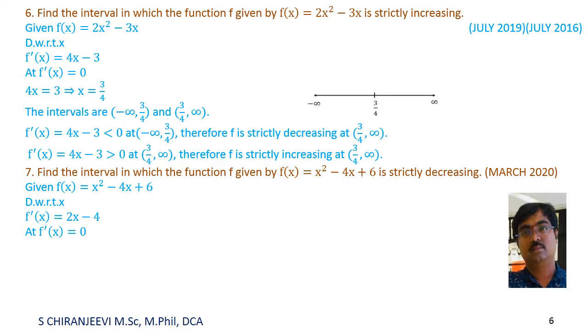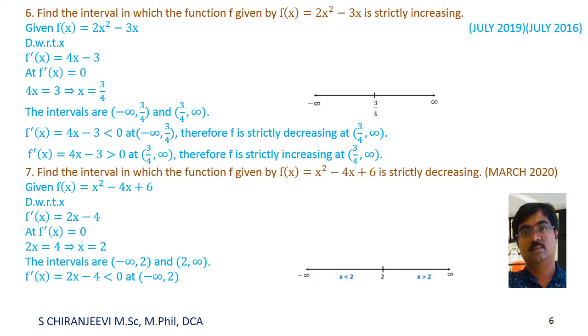At f dash of x equal to 0, 2x minus 4 equal to 0, 2x equal to 4, x equal to 4 by 2, which is x equal to 2. Now taking a number line from minus infinity to plus infinity, the point is 2. So the intervals are minus infinity comma 2 and 2 comma infinity.